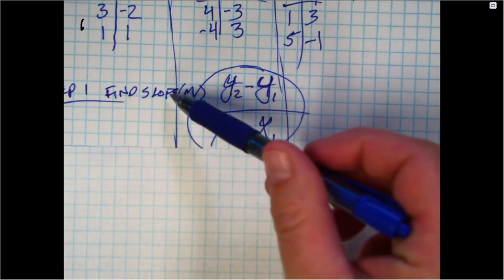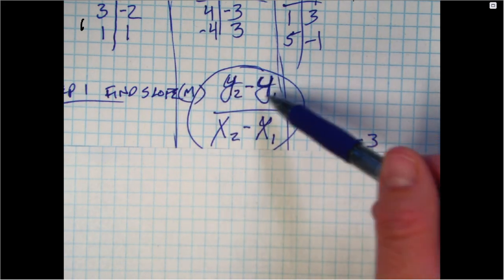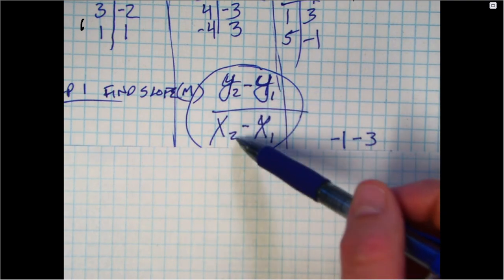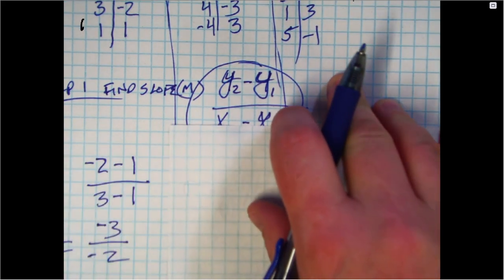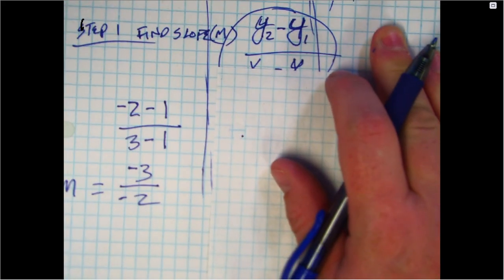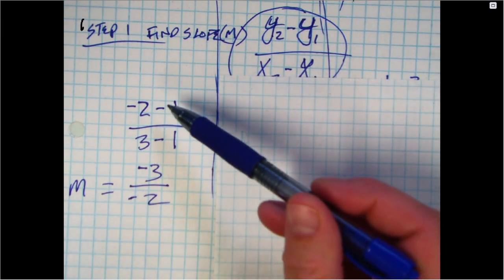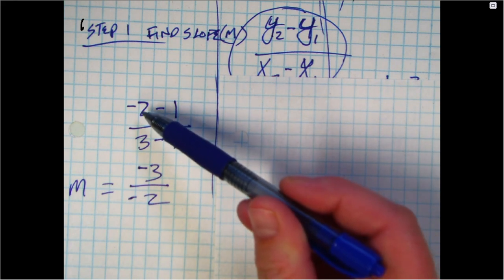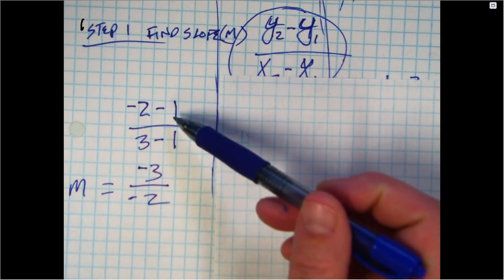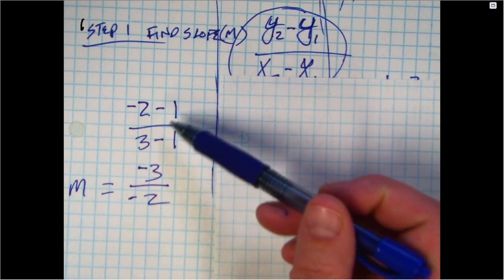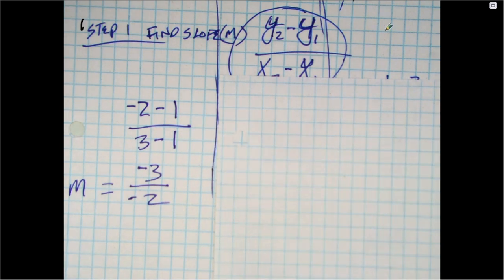We find slope, or m, by doing y2 minus y1 over x2 minus x1. So what does that look like? So for the first one, it is y2 minus y1, and I'm going to pause something just to make sure I have that correct.